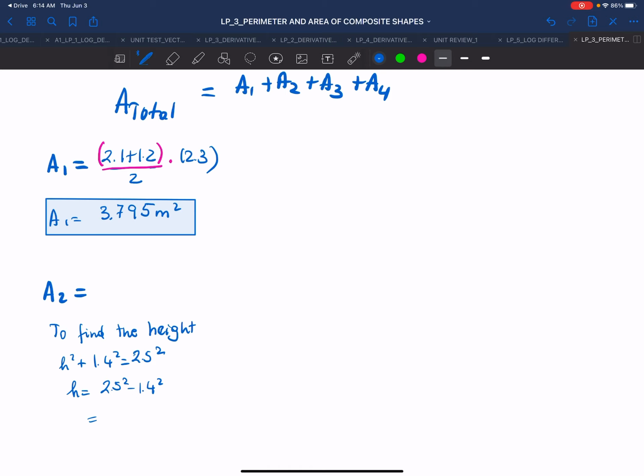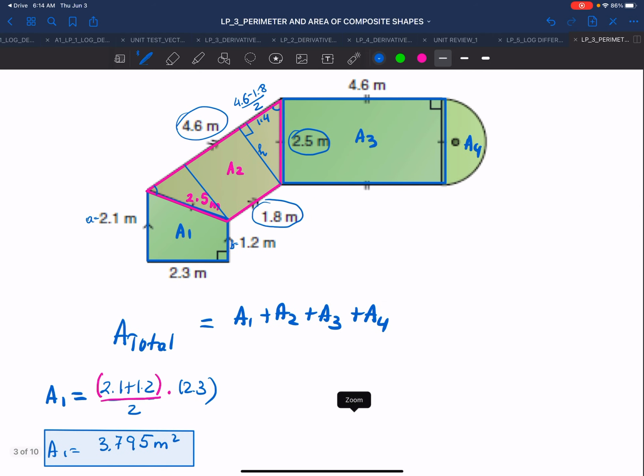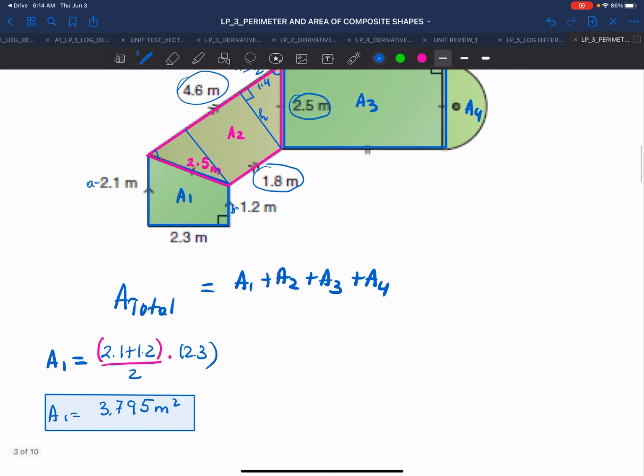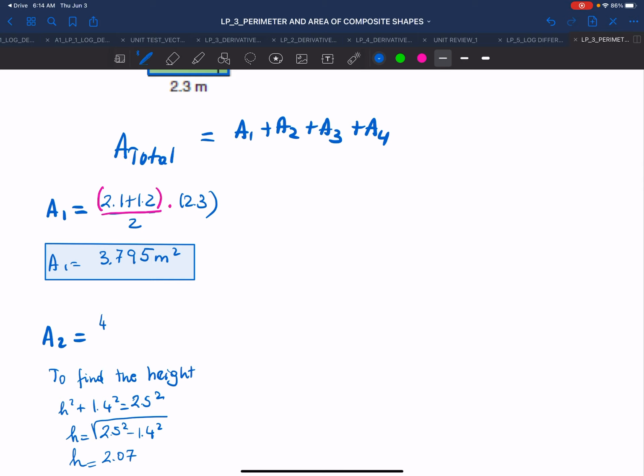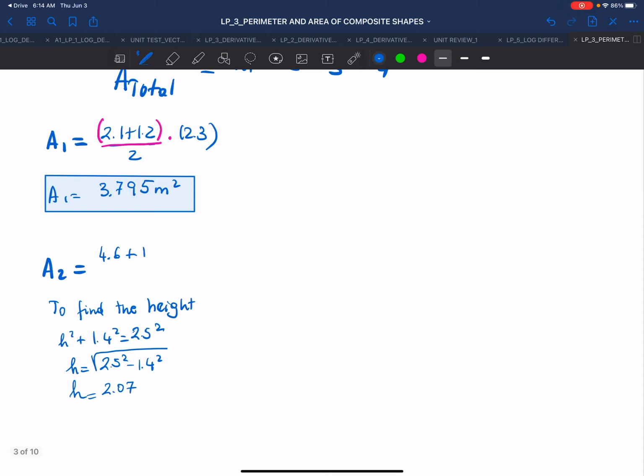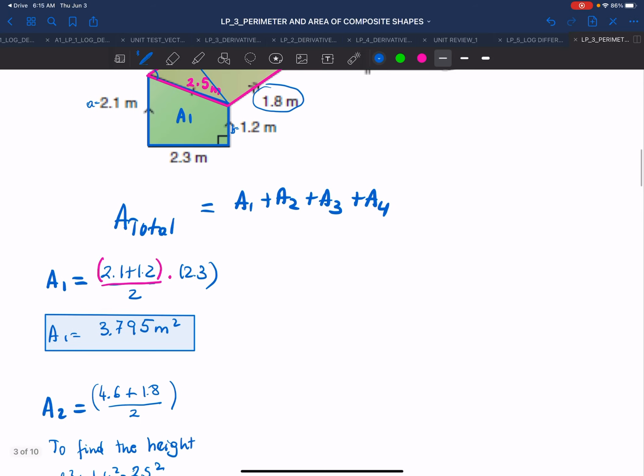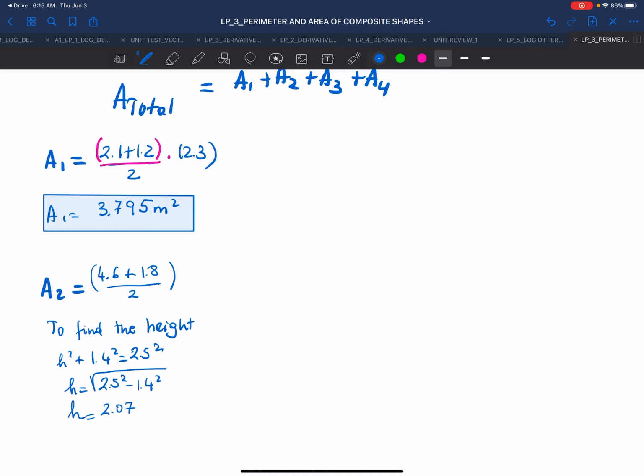And that's 4.29, and if you square root 4.29, it's 2.07. So now that we have the height, we can find the area of it. So that would be the base of 4.6 plus the other base 1.8, divide by 2, multiply by the height, which we found out to be 2.07.